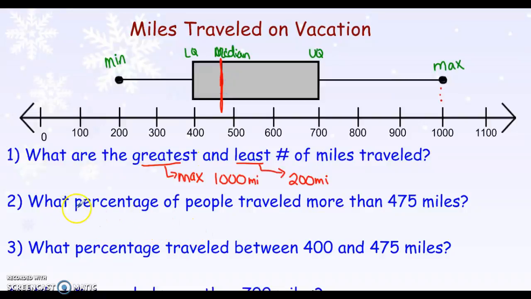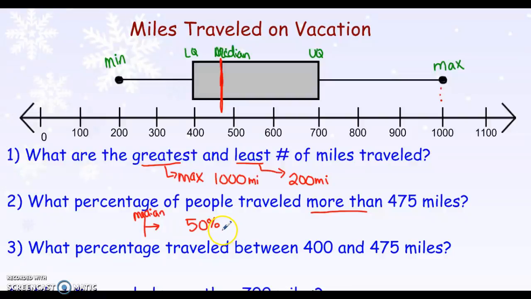The question is asking what percentage of people traveled more than. So I want numbers to the right of the median. Well, if the median is the middle, that accounts for half, which is 50%. 50% of the data is above it, and 50% of the data is below it. So the percentage of people that traveled more than 475 miles is 50%.